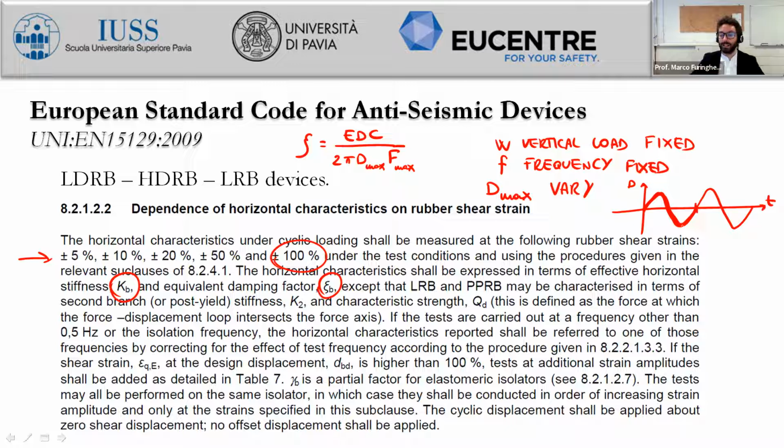So as the cycles go by during the motion, how to model and see if the characteristics of the bearing vary or not. This is another issue that we will check tomorrow in the numerical laboratory.